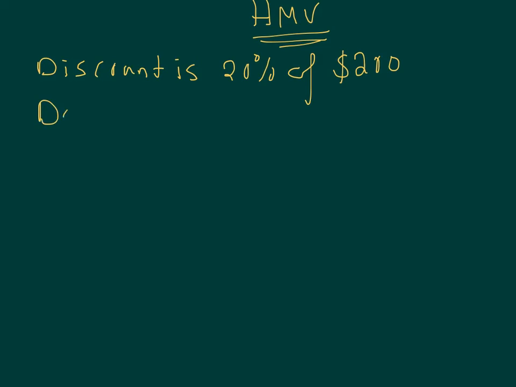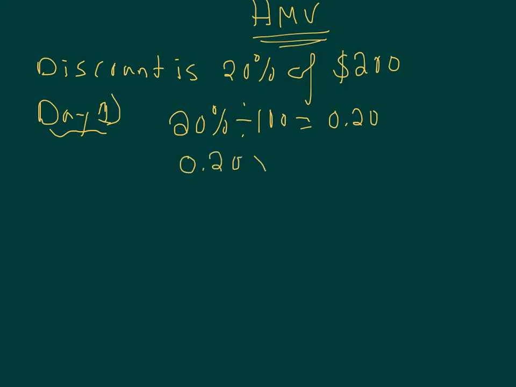So again, day 1, if you want to do it this way, day 1 is just going to be 20% divided by 100 to make it a decimal, which equals 0.20. Now we've also got to take that decimal and multiply it by our total number. 0.20 multiplied by $20, and we get a total of $4.